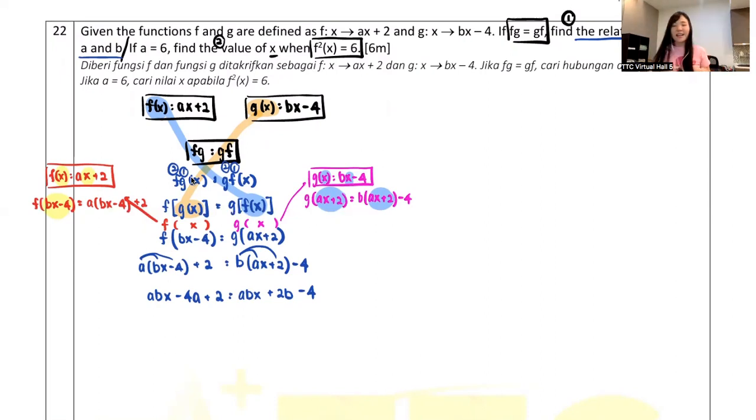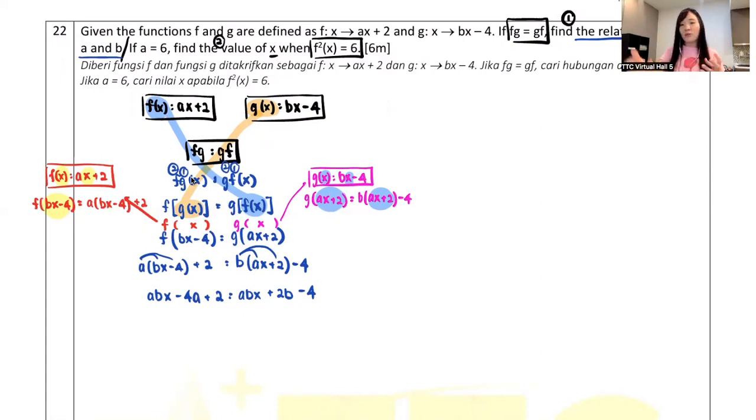Very good, Isra. Guys, listen. Find the relation between A and B. So usually the answer will be like, I want to know A and B, what is that relation? It's like, I want to know your age and your brother's age, what is the difference? So let's say your brother is a younger brother, 2 years younger than you. So isn't it your age will be your brother's age plus 2? That is the relation of it, all right? So now they say find the relation between A and B. So maybe A and B, the difference is 2.